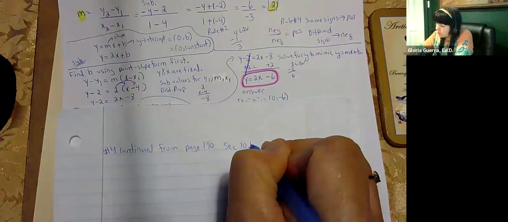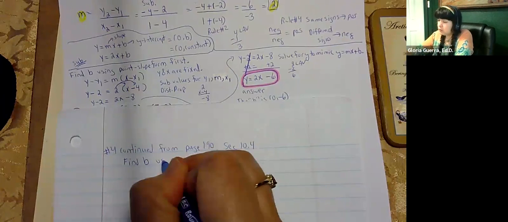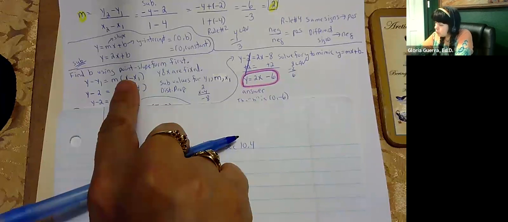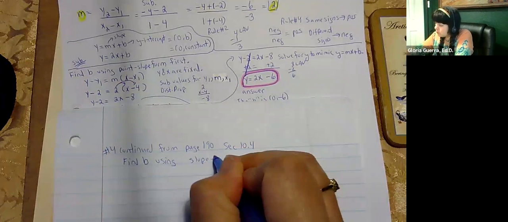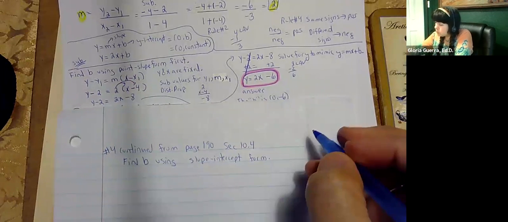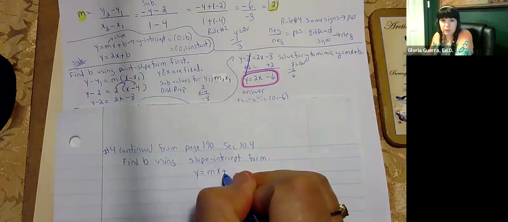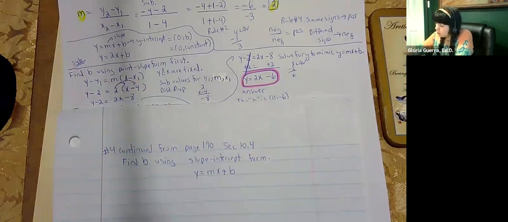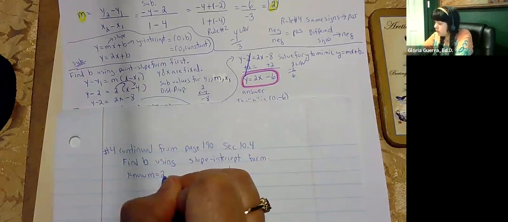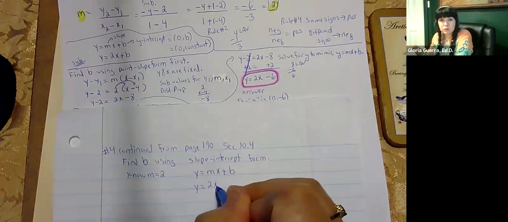So let me show you how to find B, but instead of using point slope form, using slope intercept form, which is y equals mx plus b. Okay, so you already know that m is 2. So you have y equals 2x plus b. But now you're stuck.